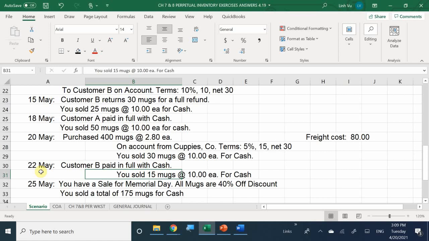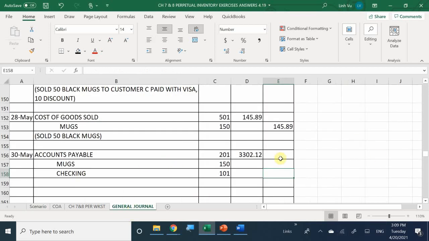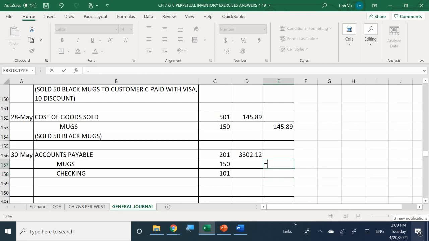So if I can take a discount off of my purchase price, how much is going to be the total amount that I'm going to be discounting my mugs for? Dollars? How much? $56?